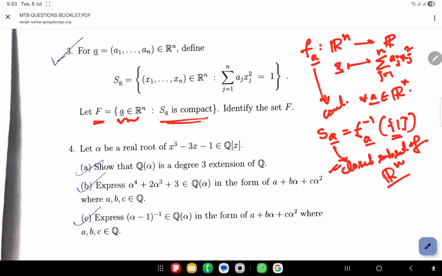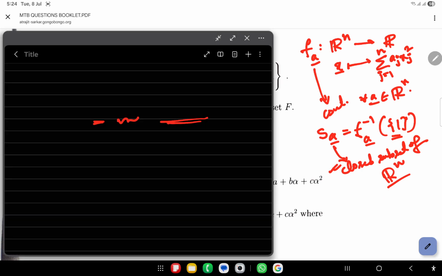We are claiming that a bars are all, you can say, in the upper half plane, all components are positive. This is our claim.